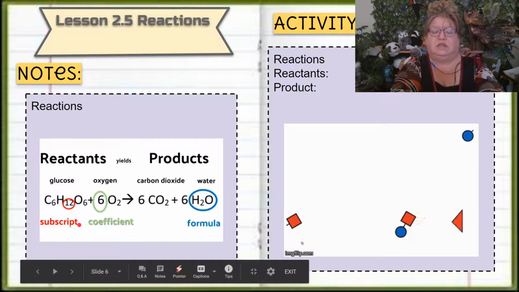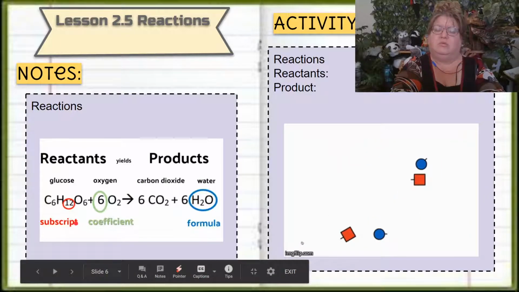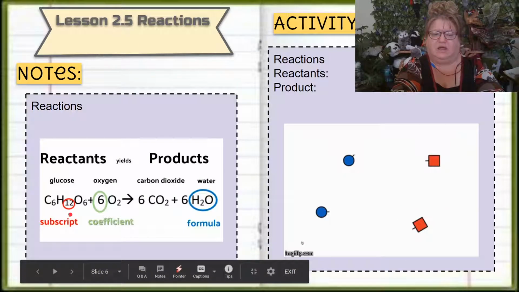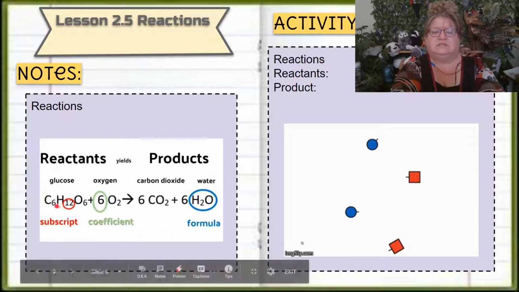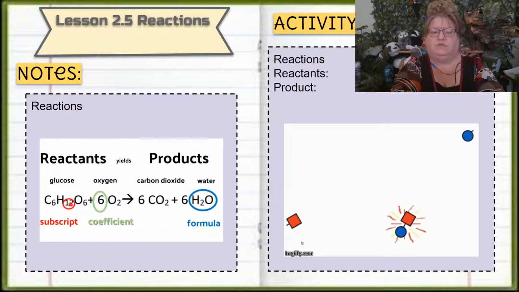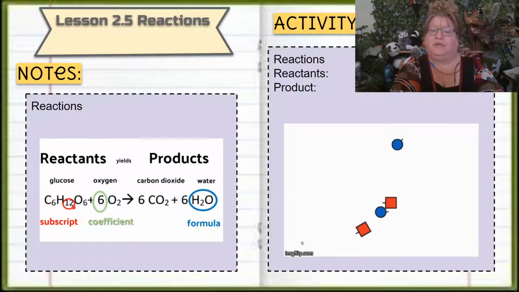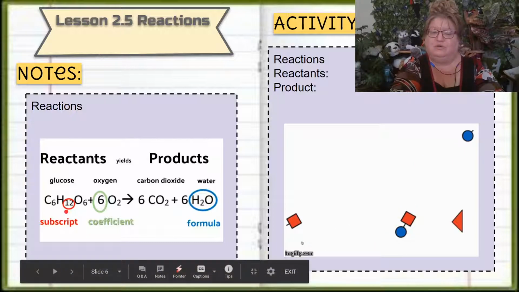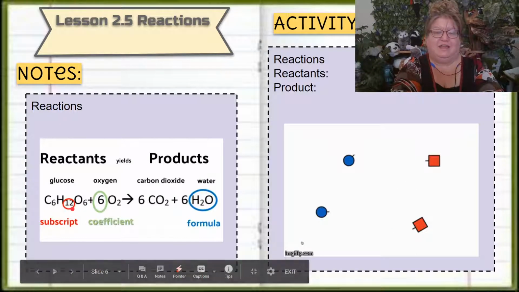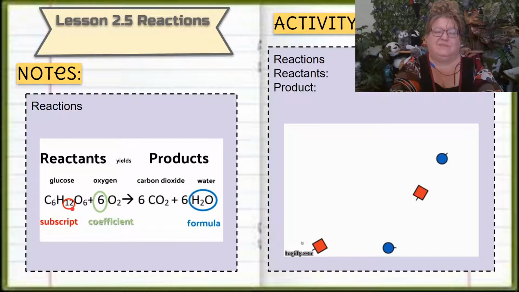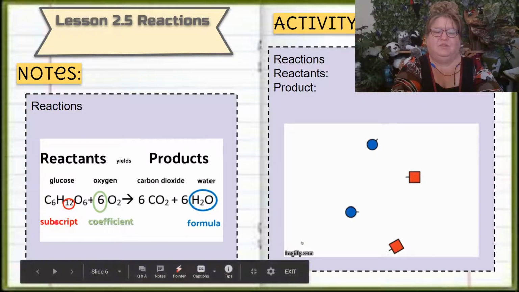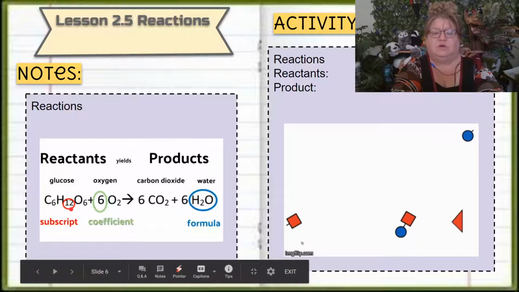Now, just to clarify, and you've probably had this in a previous class, but just to review or clarify, C6H12O6, and based upon that ratio, 12 to 6, that means it's a carbohydrate. So that 12 is called a subscript.